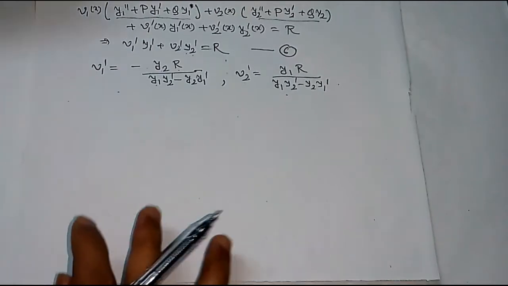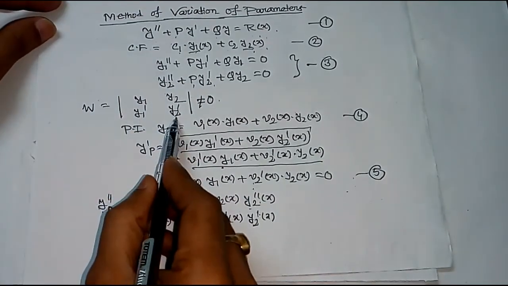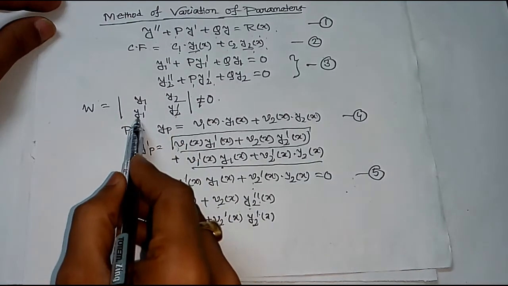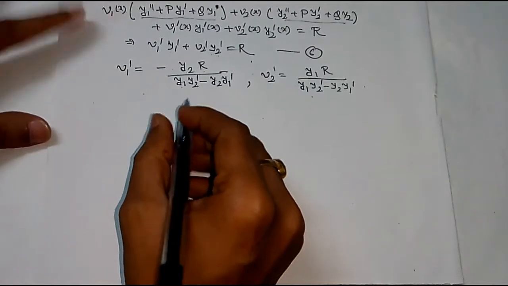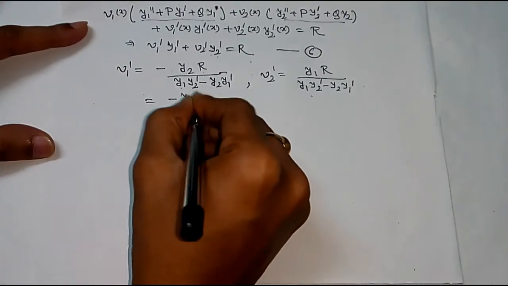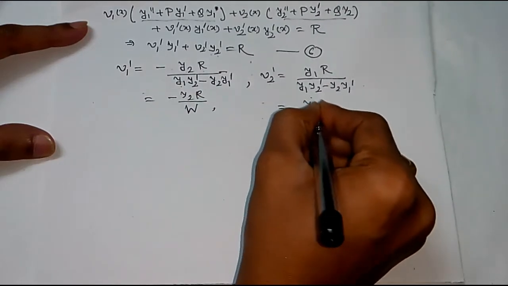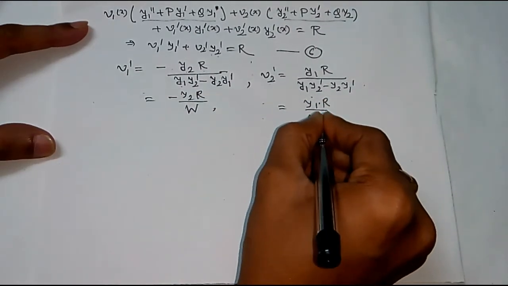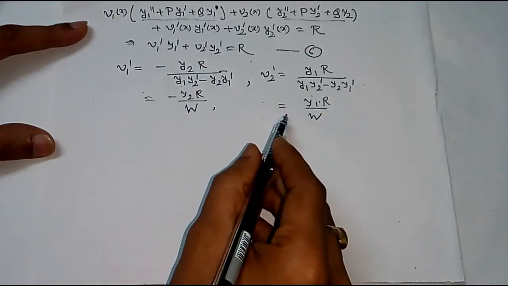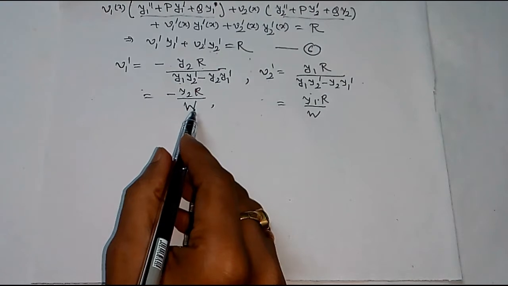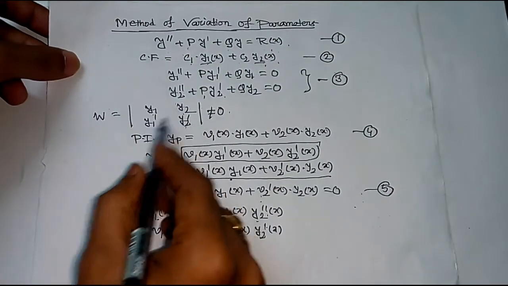Now if we look carefully, the Wronskian is equal to y1 y2 dash minus y2 y1 dash. So the denominator of the solution is nothing but the Wronskian. So v1 dash is equal to minus y2 r by the Wronskian W, and v2 dash is y1 into r by the Wronskian W. Here y1, y2 and r, all these three terms are known, and the Wronskian is also known because it involves y1, y2 and their derivatives.